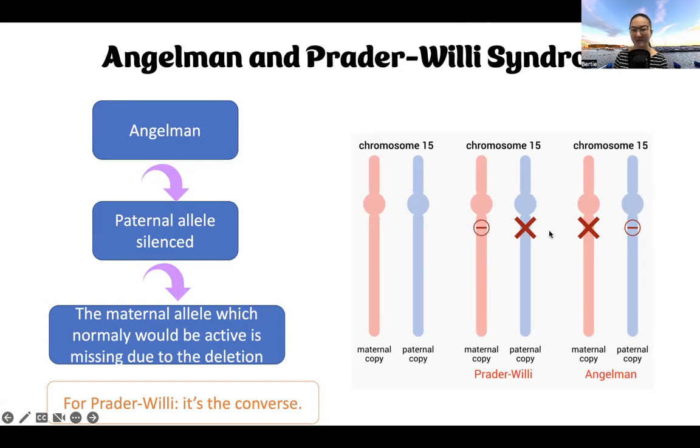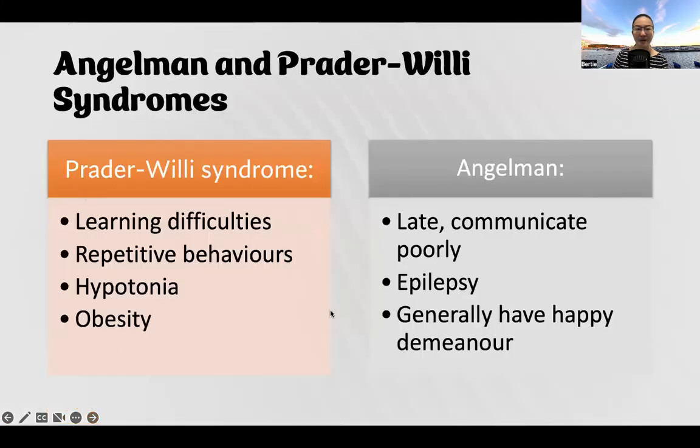It results in the missing part of the paternal allele. The paternal allele is missing due to the deletion. Angelman and Prader-Willi syndrome.